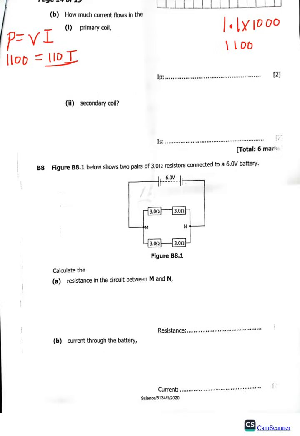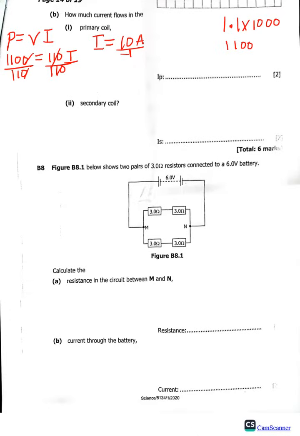We can divide by 110 on both sides, so the current is equal to 10. So we have 10 amps on the primary coil. Now let's find the current on the secondary coil. We are going to use the principle behind the efficiency of a transformer if it is 100%.